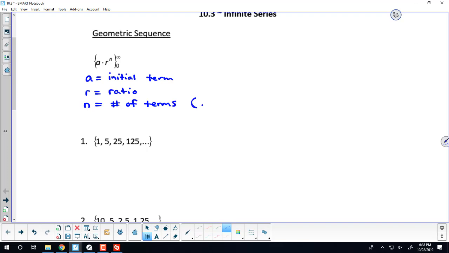And of course, that's for a finite geometric series, or sequence, rather. And the geometrics are monotonic. Whether they converge or diverge, they're converging monotonically or they're diverging monotonically.